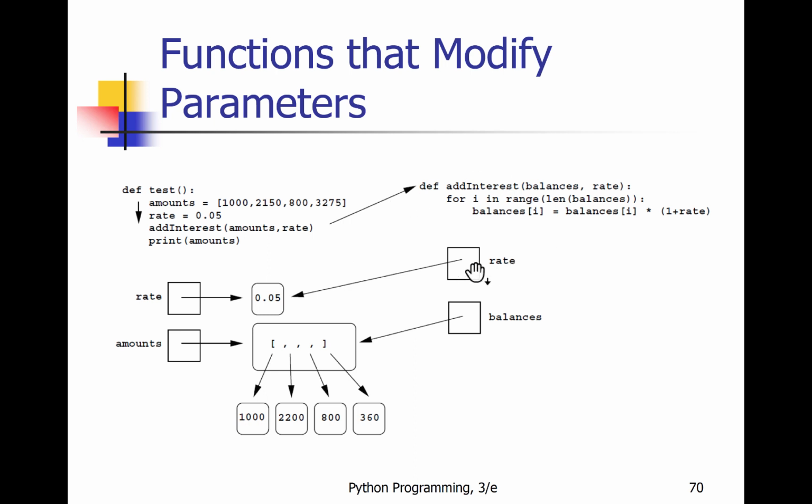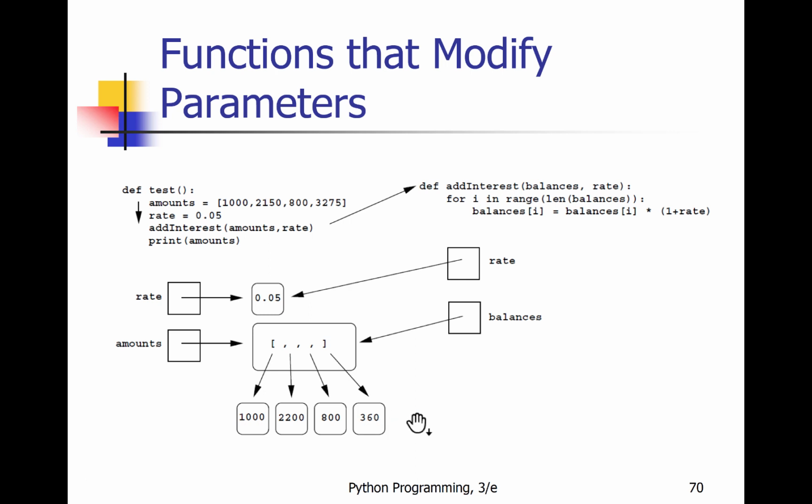We use the same name, even though it's not the same variable, and it points to that same object. Amounts points to this list object, and balances gets mapped so that it points to the list object as well. Lists are complex objects. So this list holds the references to 4 what appear to be ints.